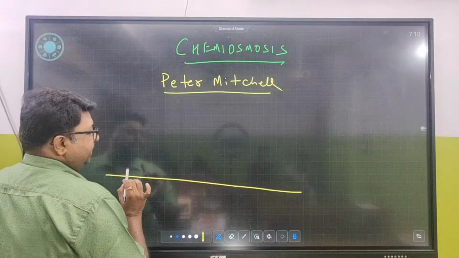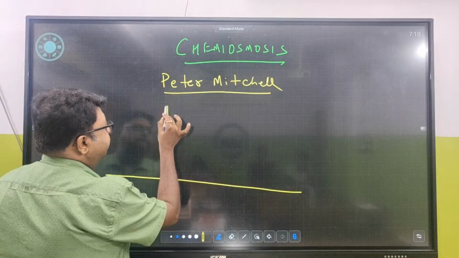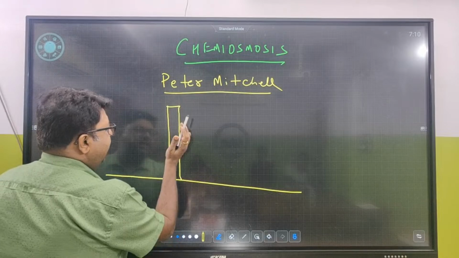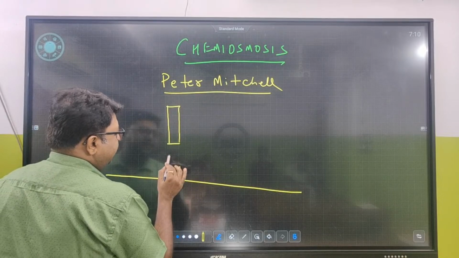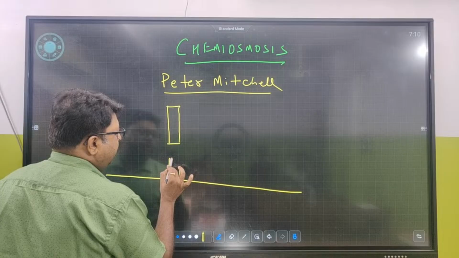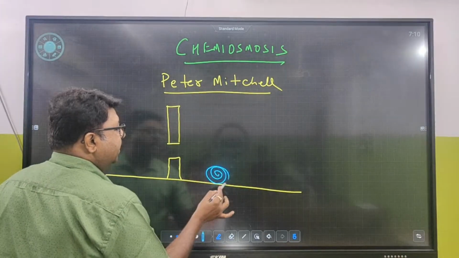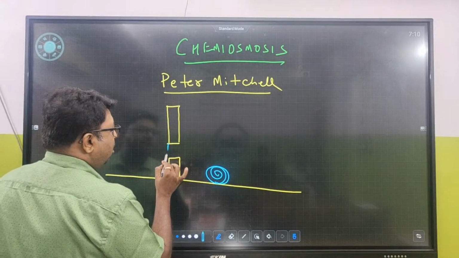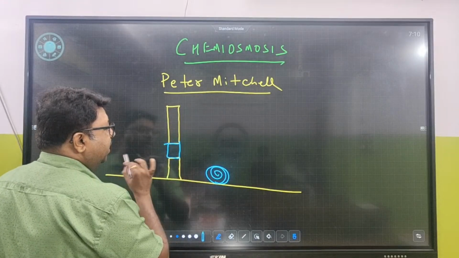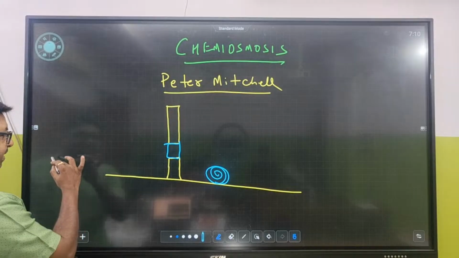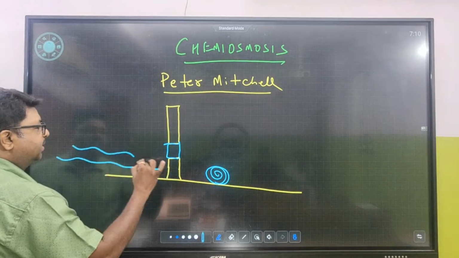This is a dam. Have you seen a hydroelectric project? When it is built, there is a turbine. This is the turbine, this is the lock gate which can be opened and closed, and this is the water body.